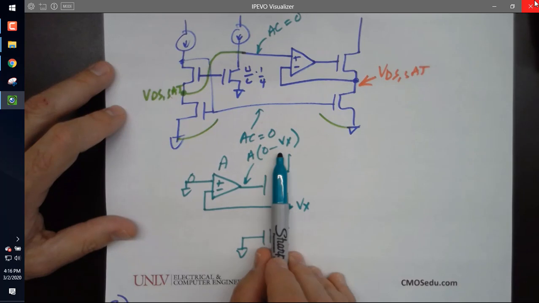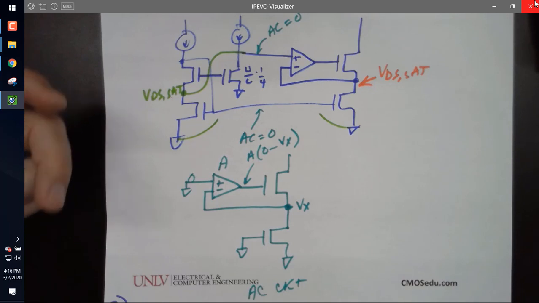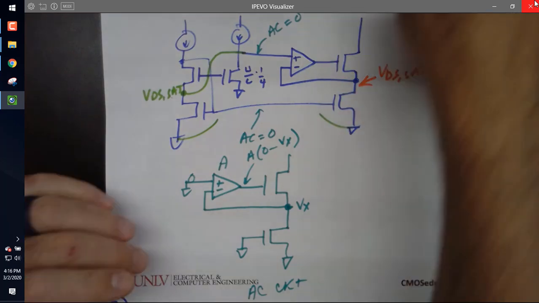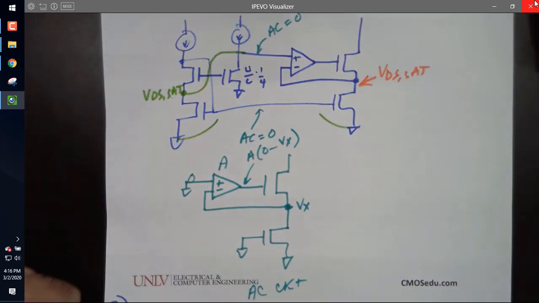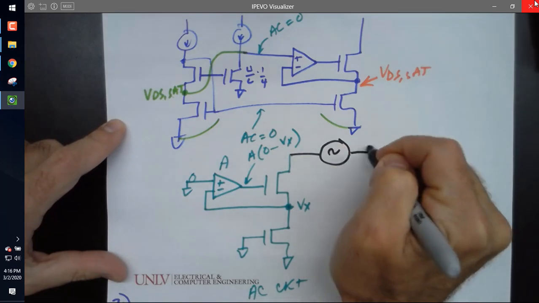So you have infinity times 0 so that the output stays finite. Okay, everybody got that? Any questions here? Okay, so now how do I write my circuit? Well, what was the trick? The first thing to note, I'm going to apply a test voltage. We're going to find the output resistance.